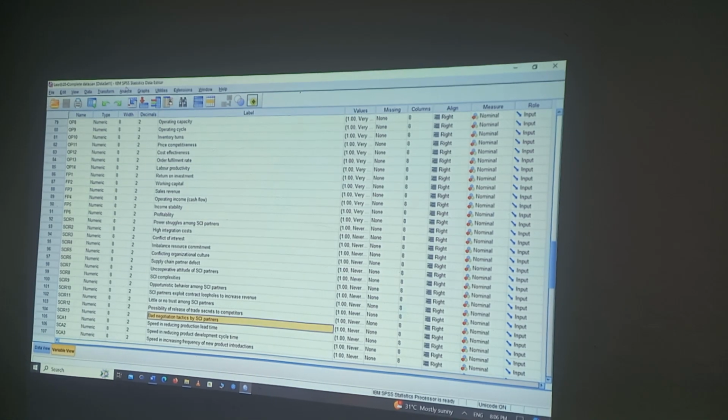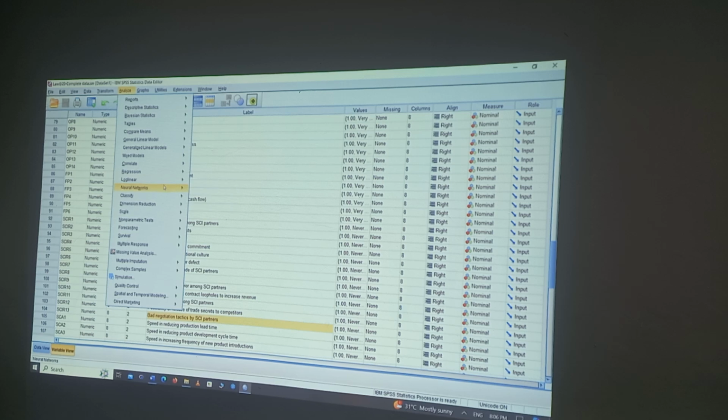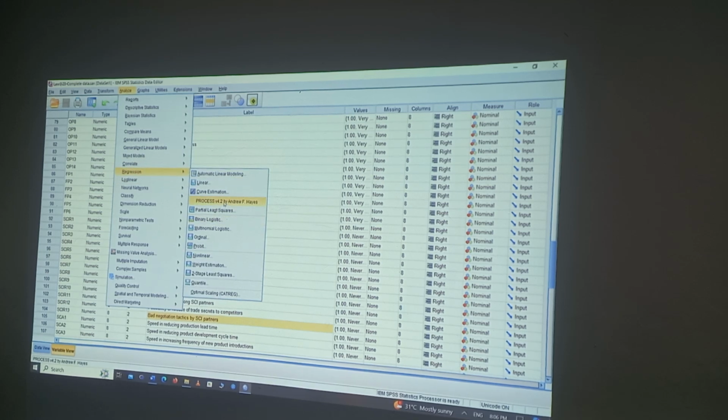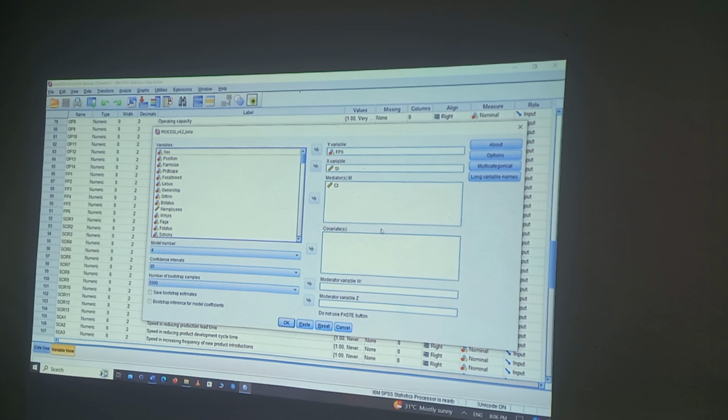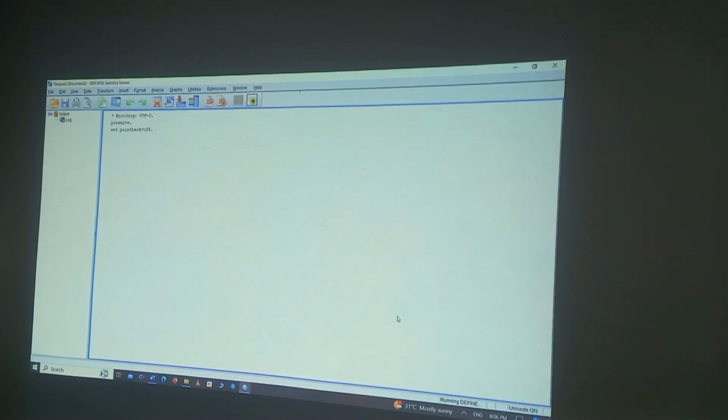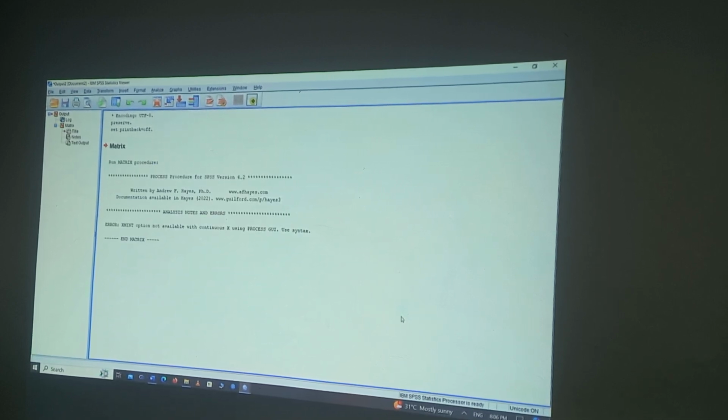So go to analyze, go to regression, and you go to this thing. There's something wrong, so you couldn't give us the output. It didn't give you output?